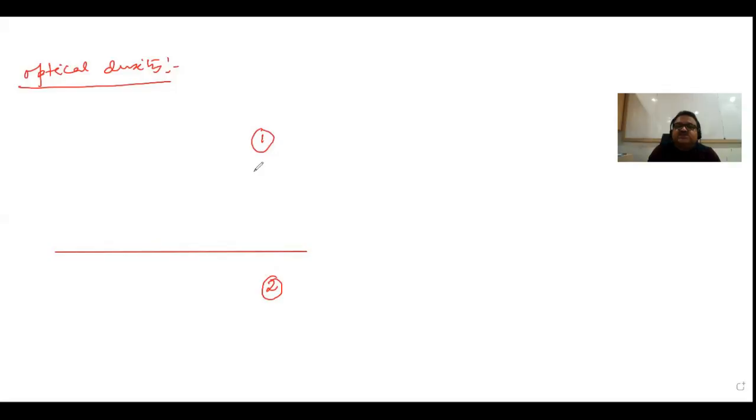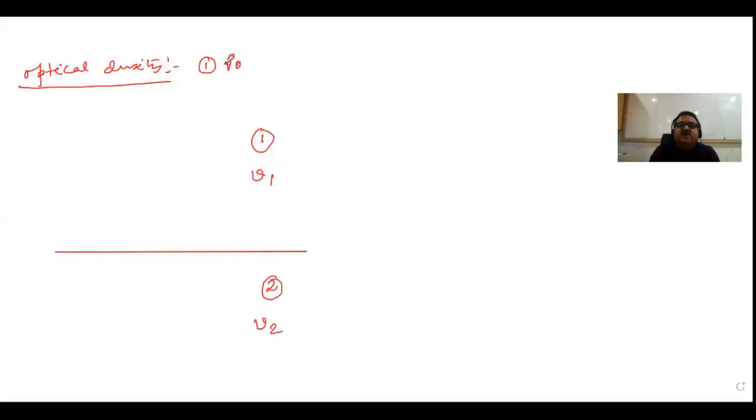And speed of light in this medium is supposed to be V1 and the speed of light in this medium is supposed to be V2. And look, optical density of a medium is decided by the speed of light in that medium, correct? For example, so first note of this point, it's very important.